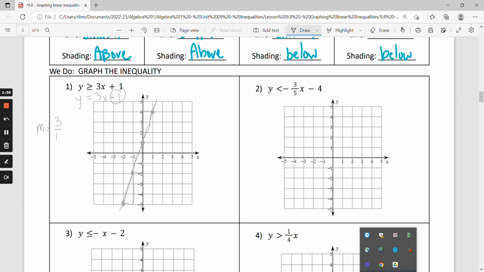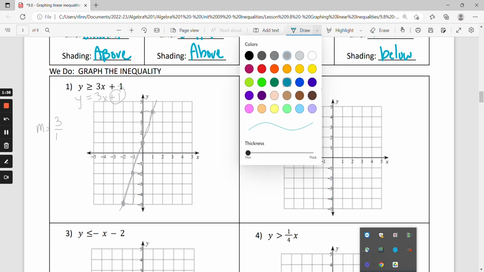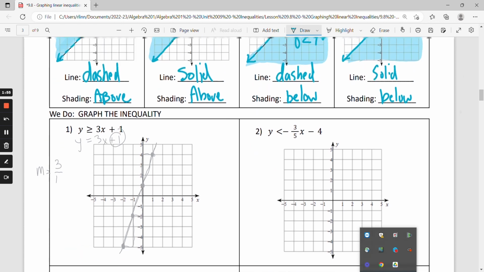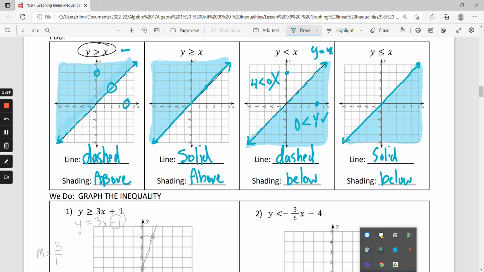However, we're not trying to graph y equals 3x plus 1. We're trying to graph y is greater than or equal to 3x plus 1. So I need to use my other color here, or a really dark pencil, in order to draw this line. Looking at my inequality symbol, I can see that I have a greater than or equal to symbol, which means I'm going to be drawing a solid line and doing the shading above.